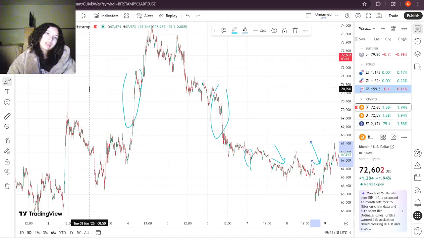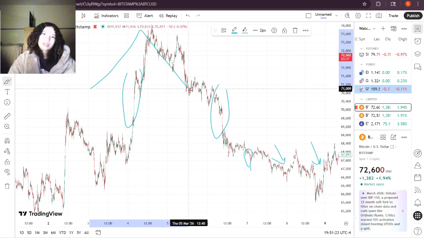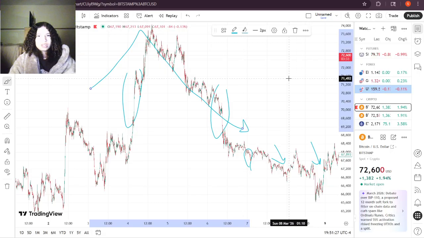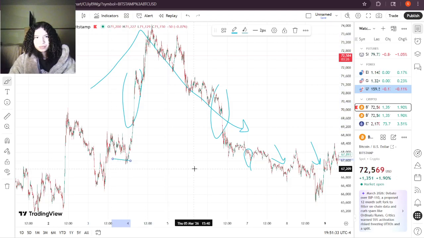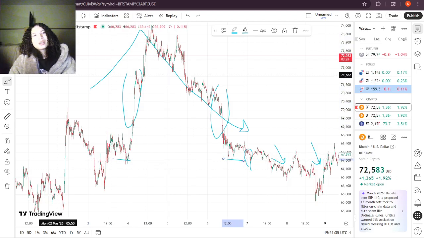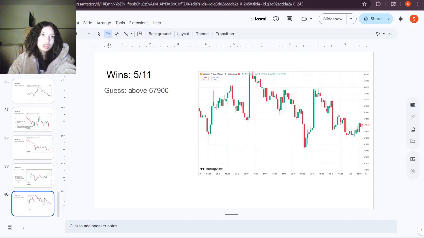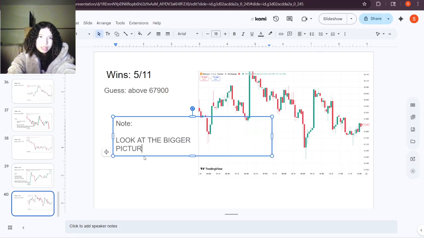I could have kind of known that by this gradual reversal. One could deduce that we were going to continue that trend, though it is kind of difficult. Same mistake again. Note, look at the bigger picture closer next time.